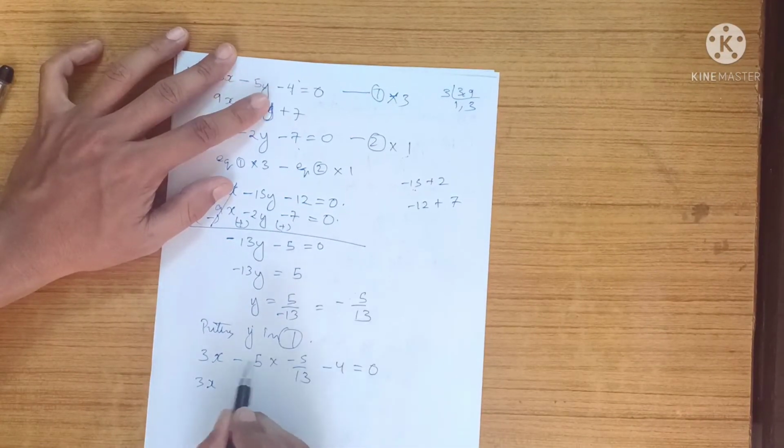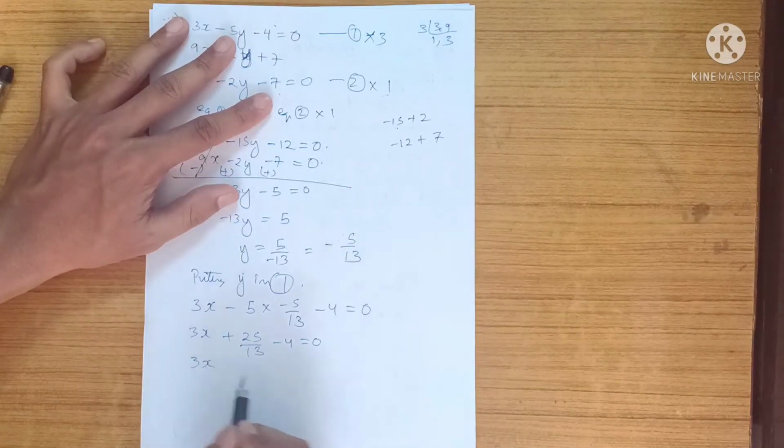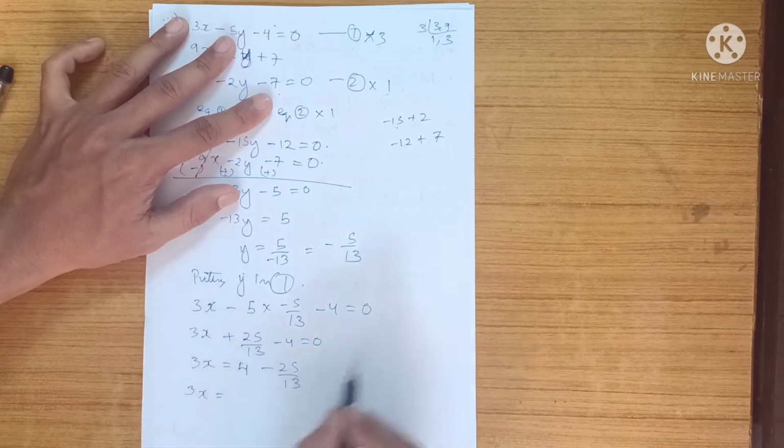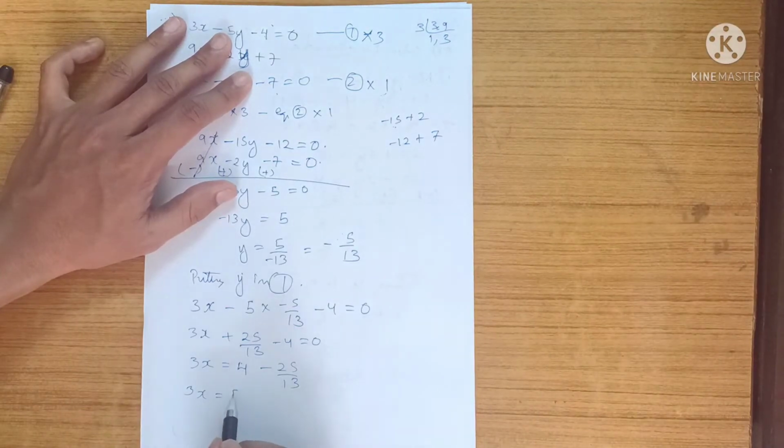Okay, let's do the multiplication first. Minus to the minus, plus 5 by 25 by 13 minus 4 equal to 0. 3x, I'll send everything this side, equal to minus 4 goes to that, plus into plus 2 minus 0. And then we'll take LCM. 13 4s are 52.